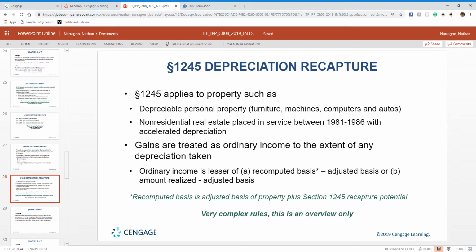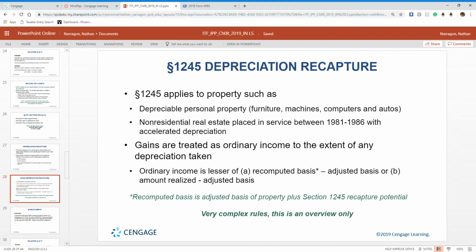Alright, Section 1245 applies to property such as personal property, furniture, machines, computers, and autos, and non-residential real estate placed in service between 81 and 86. Because they had accelerated depreciation, it's okay. We're probably not going to see too much of that. Gains are treated as ordinary income to the extent of any depreciation taken.